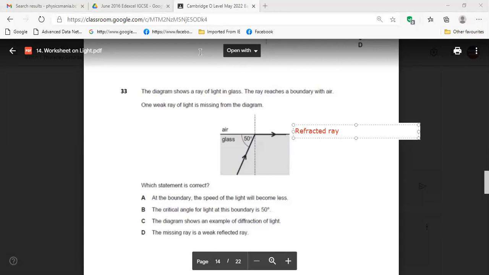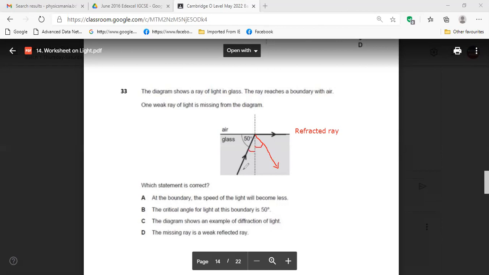That's not like the ray is refracted. It's very weak, but there is one weak reflected ray. We are just simply showing it here. As it is a reflected ray, this angle should be equal to this angle, right?